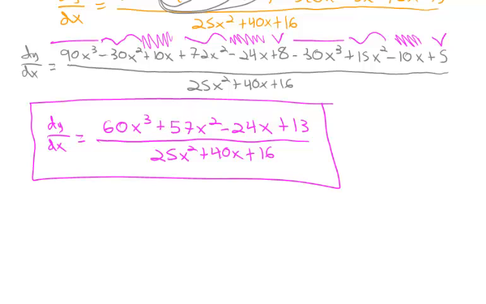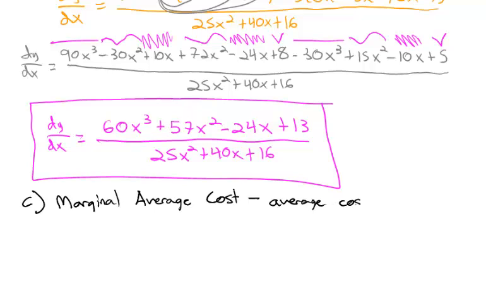Knowing how to do something like a quotient rule, though, does open up the opportunity for us to look at this application in business called a marginal average cost, which is the average cost per item for one more item.